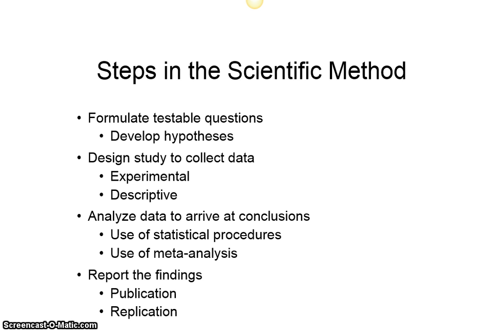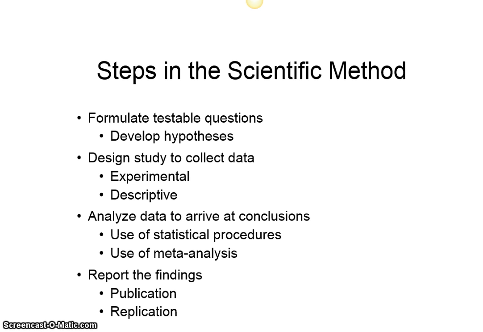We're going to use statistical procedures. We may also use meta-analysis, and what that means is we're going to use meta-analysis when we gather a bunch of individual research studies and see if there's an overall trend or big picture conclusion that we can draw by combining all of those studies.